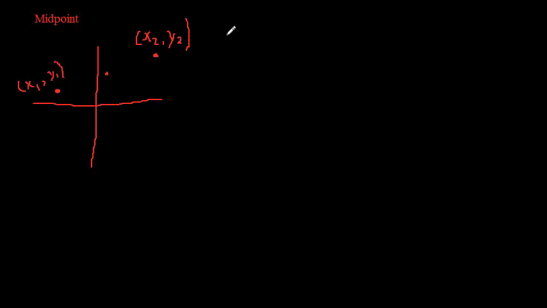The midpoint formula then is x1 plus x2 over 2 and y1 plus y2 over 2. Now this formula comes in the form of a point because we want a point. This side here will give us our x value, and this piece here will give us our y value.